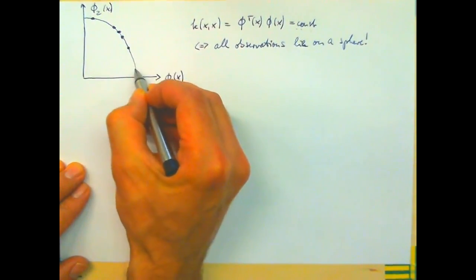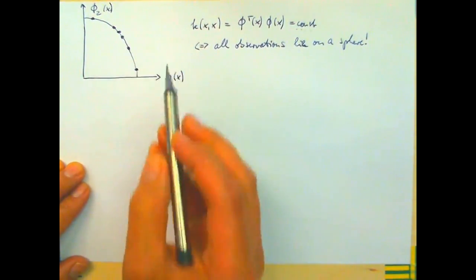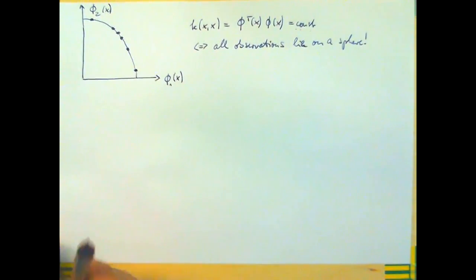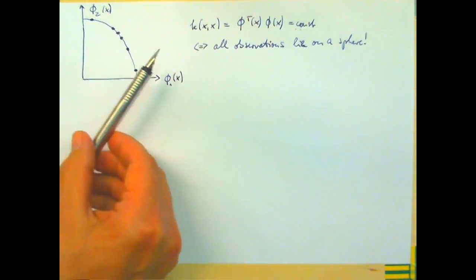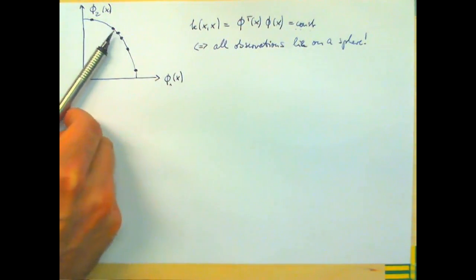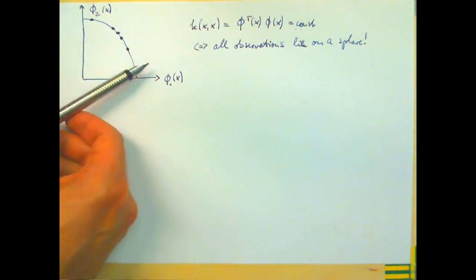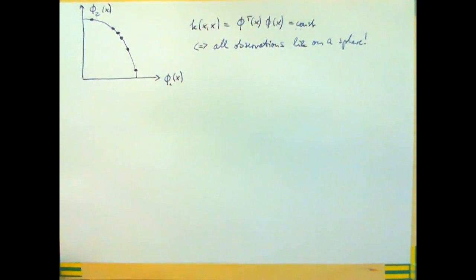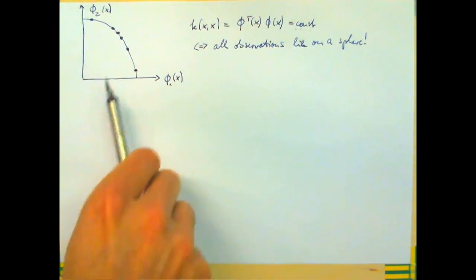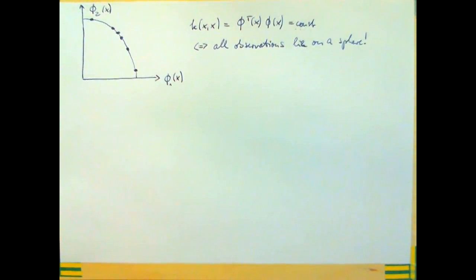And observations that have a high similarity obviously lie close together on this spherical surface. And then we can have very dissimilar observations that are at almost right angles to each other. And this sphere has as many dimensions as your mapping, or as the feature space that you use.